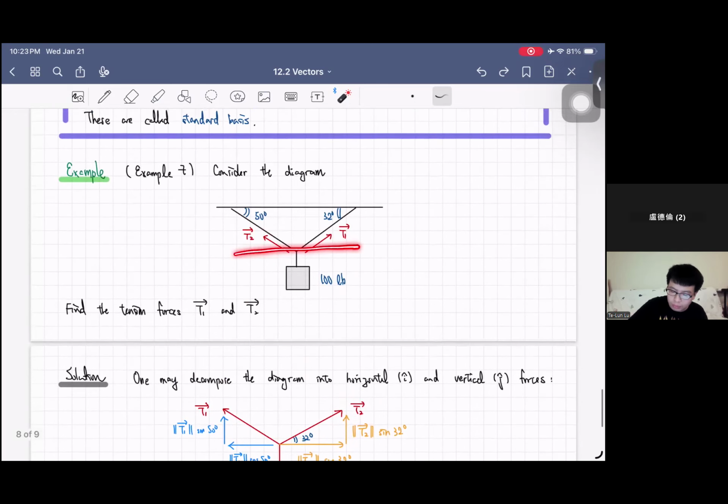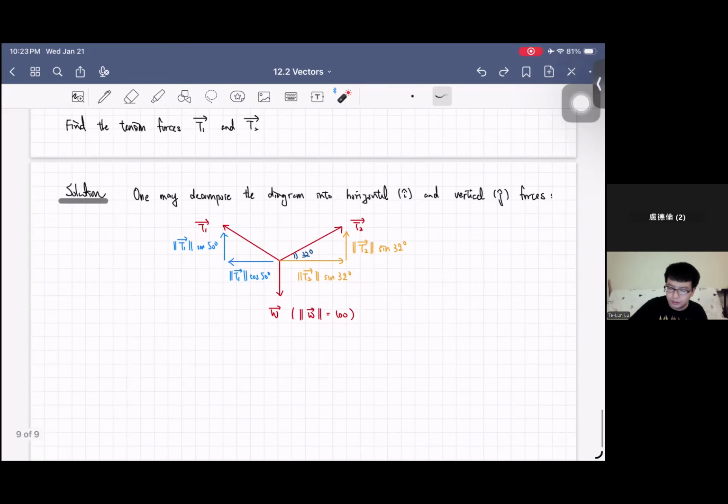So we already have the directions. And now to decompose the horizontal and vertical forces, respectively, if this is of length T2 as a definition, right? That is the definition of the magnitude of a vector. You can project them into the horizontal and the vertical components.